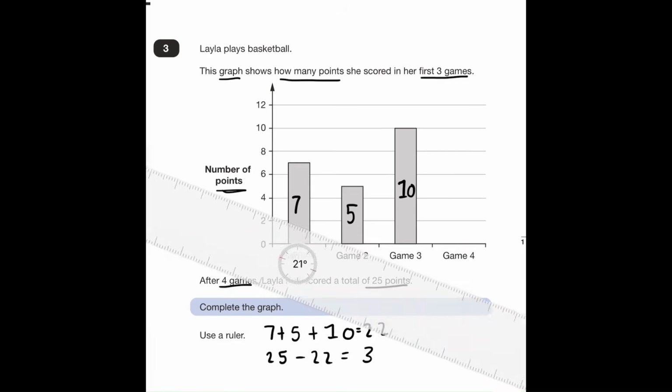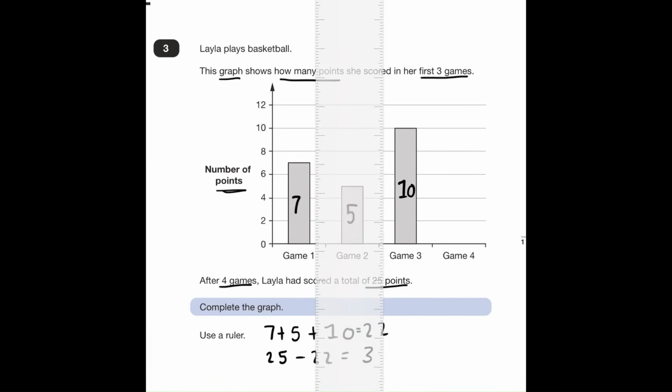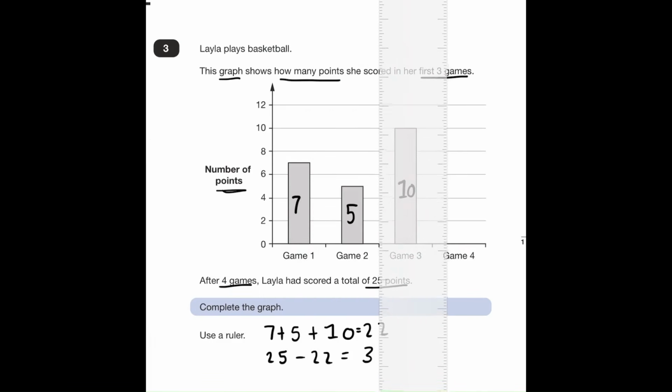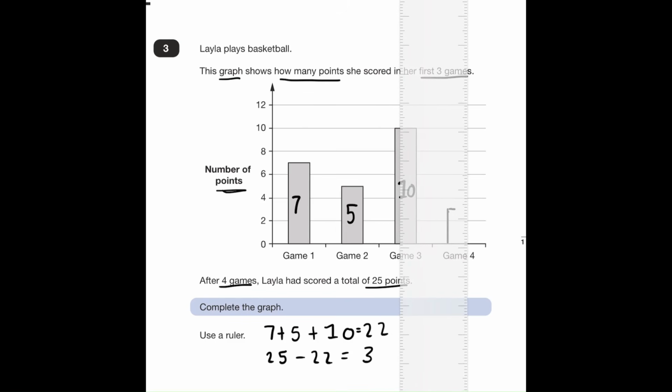And therefore we need to draw our next bar between 2 and 4, because she scored 3 points. So I'm just putting a dot halfway between the two so I know where the bar will go up to. And you don't need to worry about the width of your bar in this case.